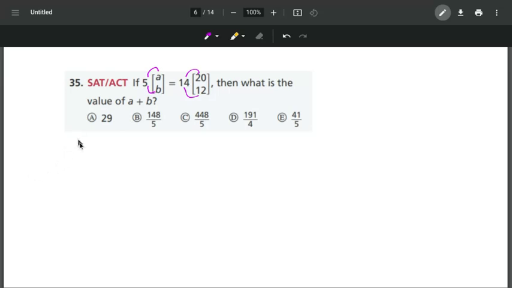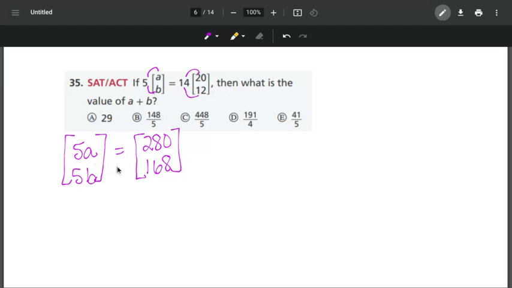If I distribute 5 on the left, I have 5A, 5B equals, and then distribute the 14. 14 times 20 is 280. 14 times 12 is 168.